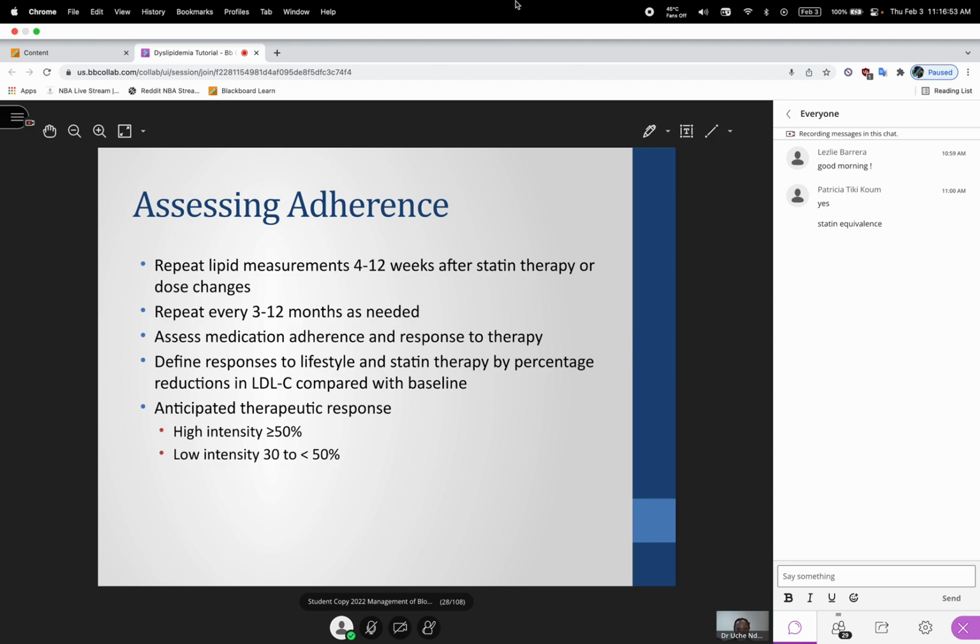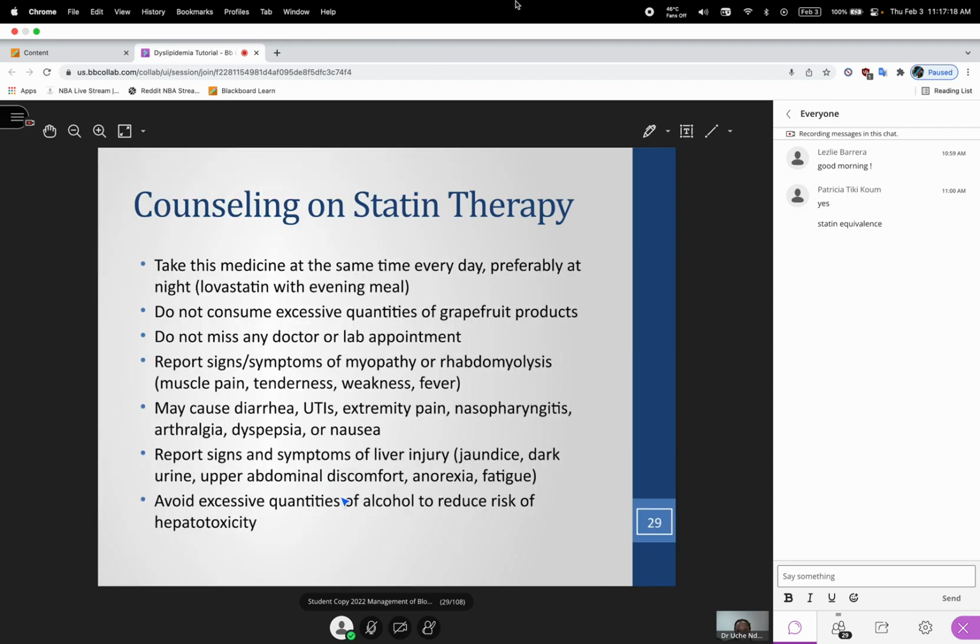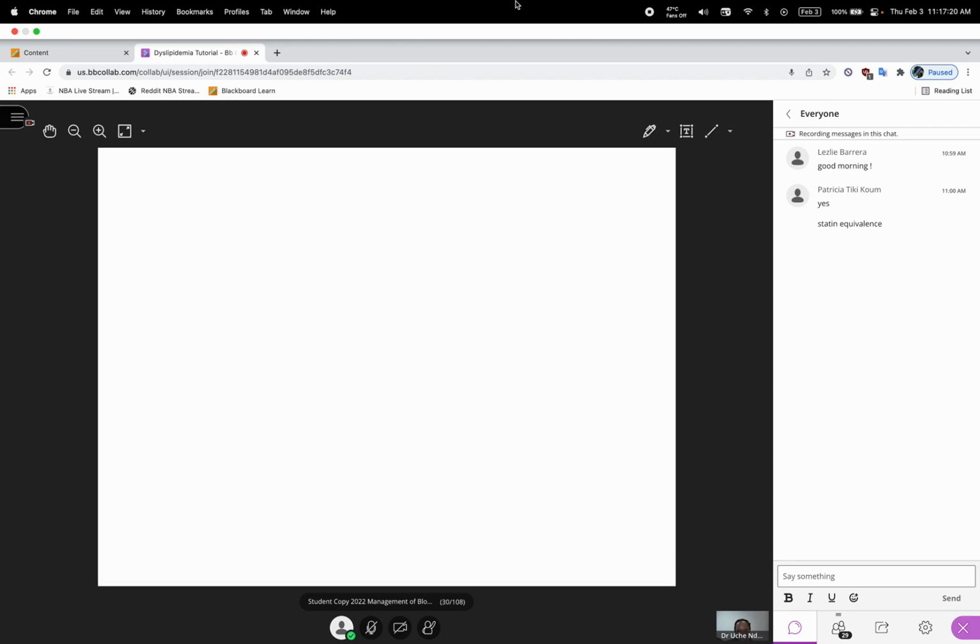When we bring them back and check their lipids, we're really just looking for the therapeutic response. We're not checking their LDL to see if they've met a particular goal per se. We are just looking at whether they are doing what they're supposed to do. Are they actually taking it? We're assessing their adherence, and that's why we bring them back.